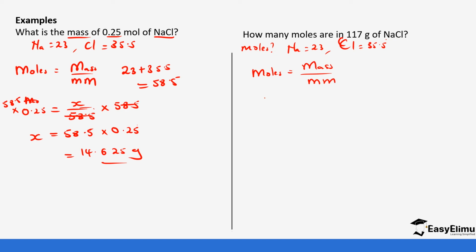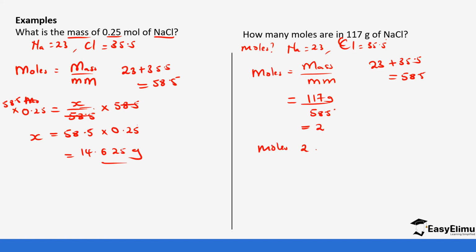Our moles, what we are looking for, is equal to mass, which we have been given, 117 grams, over the molecular mass, which we calculated, 23 plus 35.5, which gave us 58.5. So divide by 58.5, which will give us 2. So our moles are 2.